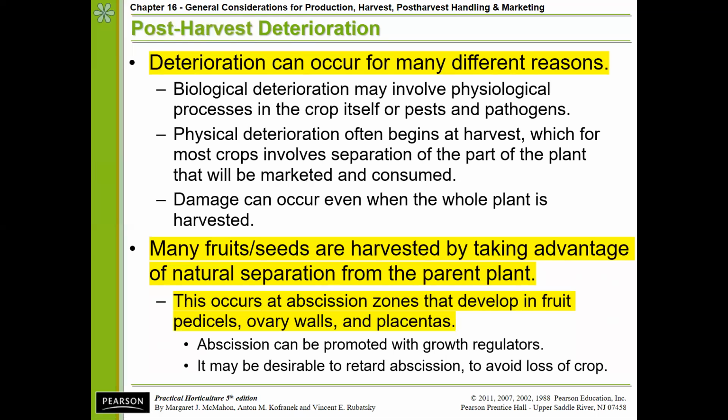So these abscission zones are usually kind of on the fruit stems or pedicels, as well as the ovary walls and placentas of the plants themselves. And we can promote abscission through the application of abscisic acid and other growth regulators. In some cases, though, we might want to try to delay abscission. So again, there are growth regulators that can be used for that.